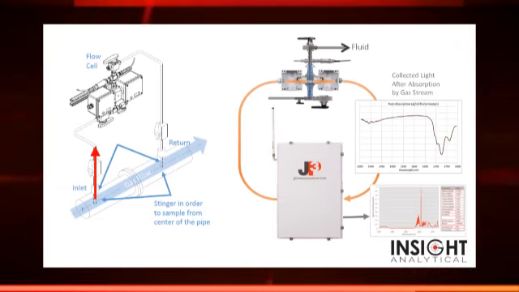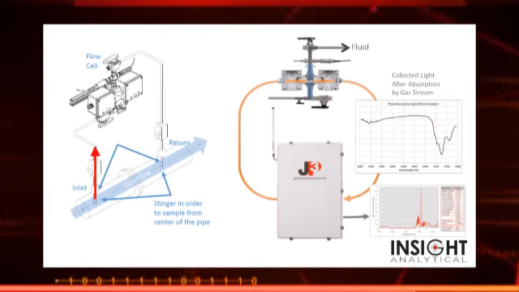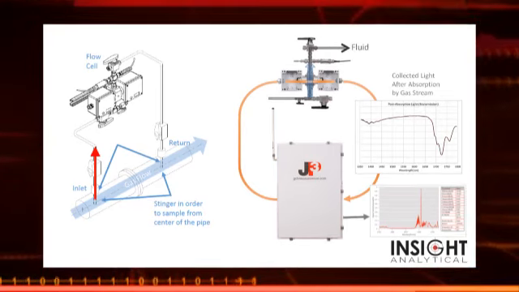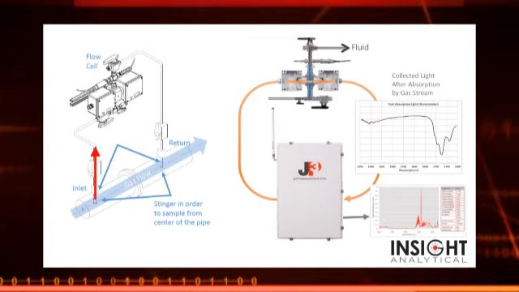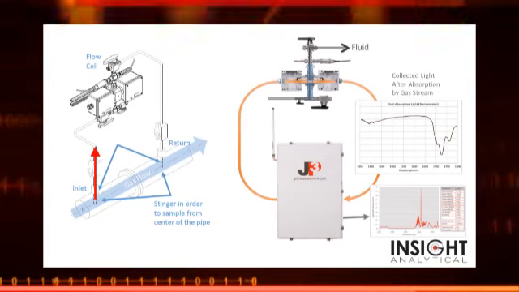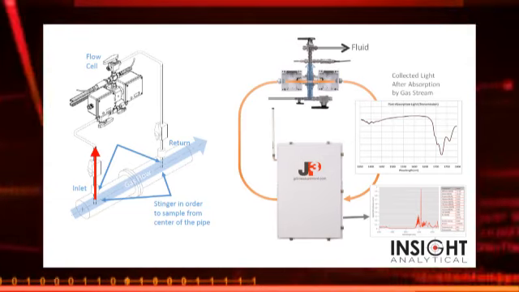So you can see what's going on here is that we have fluid that's going to flow through this cell and out to the other side. We connect that by fiber optic, which allows us to then send light out from the spectrometer through that fluid, bring it back into the spectrometer, where we get to do all that data analysis.